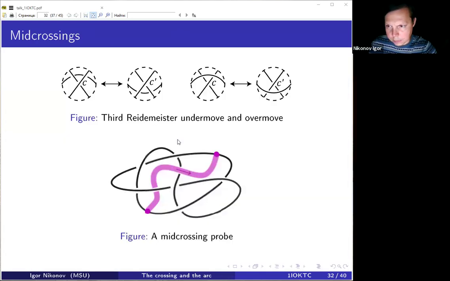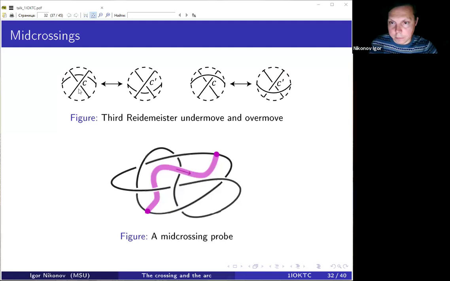And maybe I skip this part. There are other functors we can consider, for example, mid-crossings, by assuming that the crossing survives after third Reidemeister moves, which move an arc below the crossing or over the crossing.